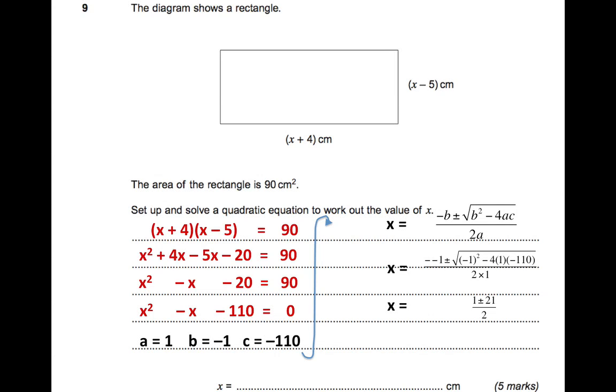Now that will give you two possible answers, because quadratics usually have two solutions, not always, but usually. And in this case, one of these solutions doesn't make sense in the context of the question, because you don't have a minus length of a rectangle.